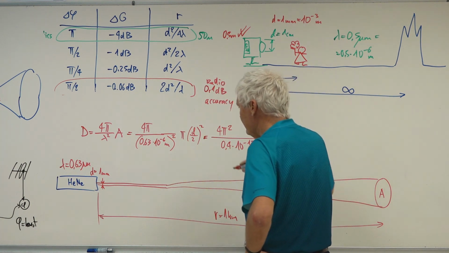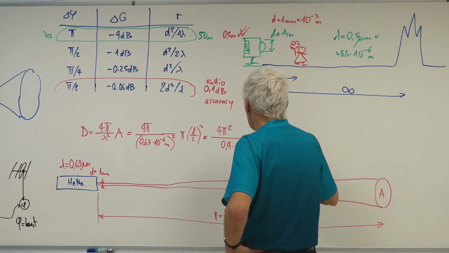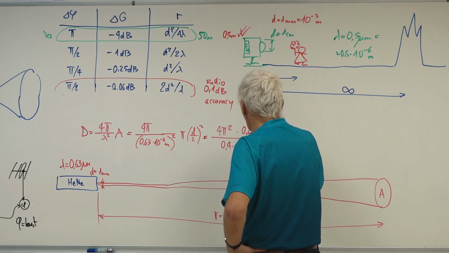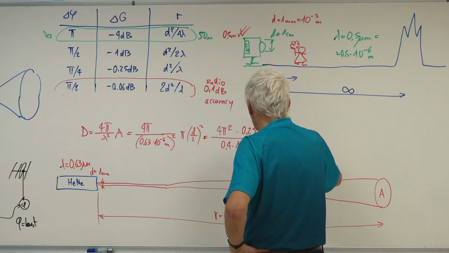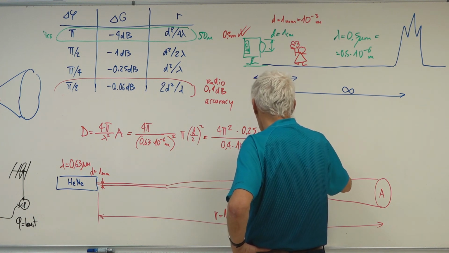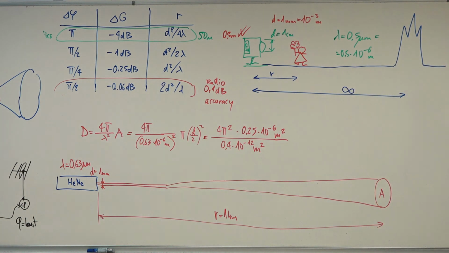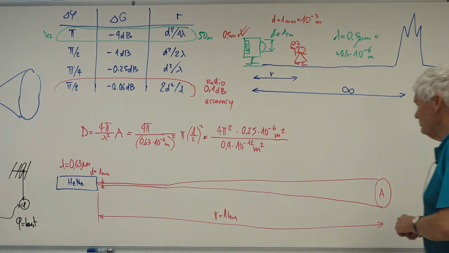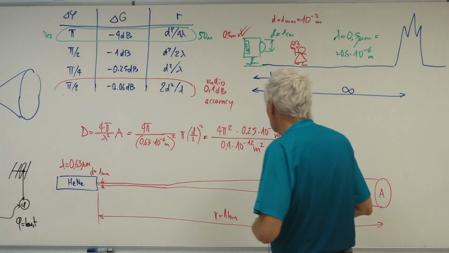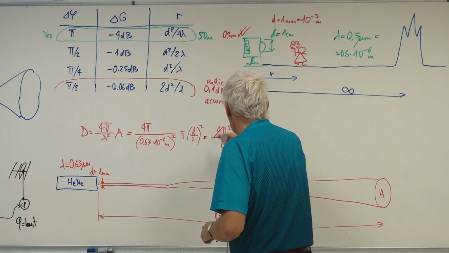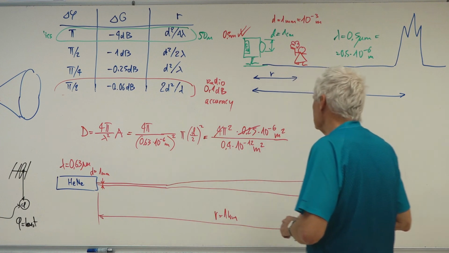Here d half is half a millimeter. Half a millimeter squared is 0.25 times 10 to the minus 6 meters squared. So now some things do cancel out here. 4 and 0.25 cancel out.